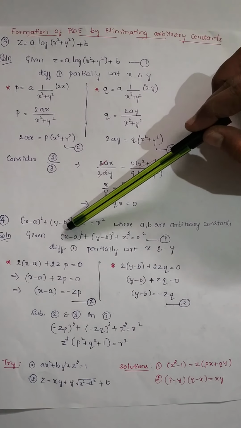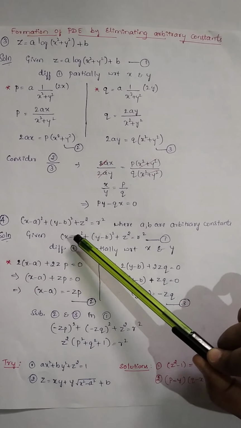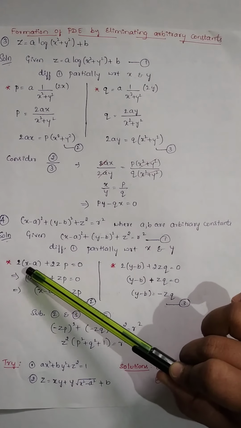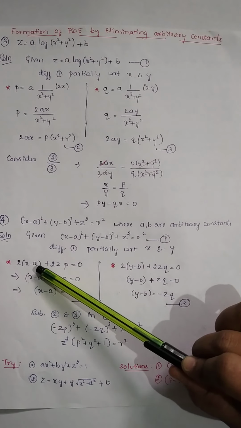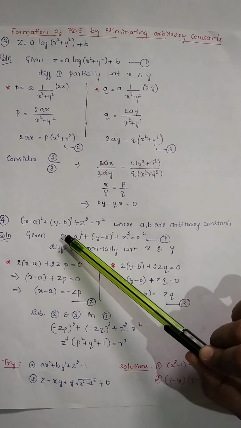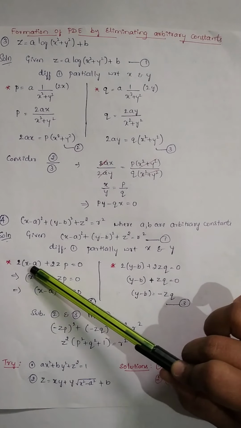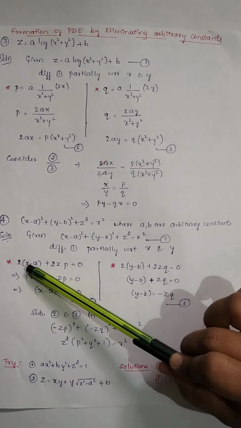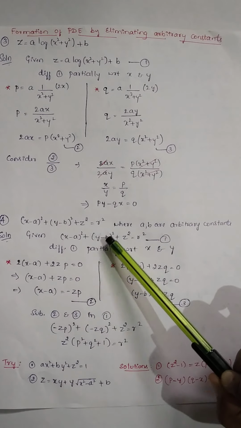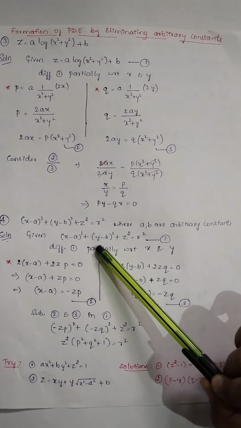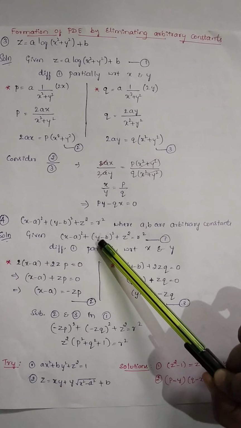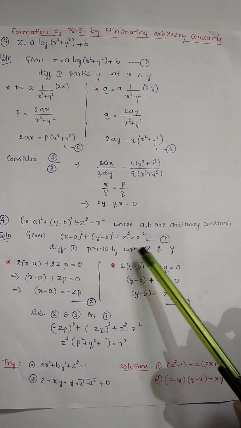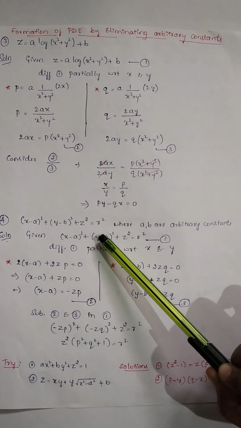So you will get, for x minus a whole square, the differentiation 2 into x minus a, in the same way as x square differentiation is 2x. Plus differentiation of y with respect to x will be 0, as with respect to x y is constant, and differentiation of a constant is 0.